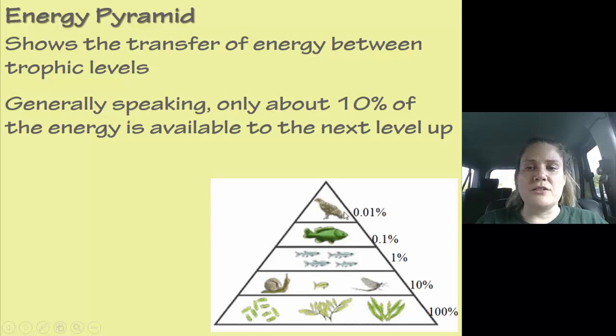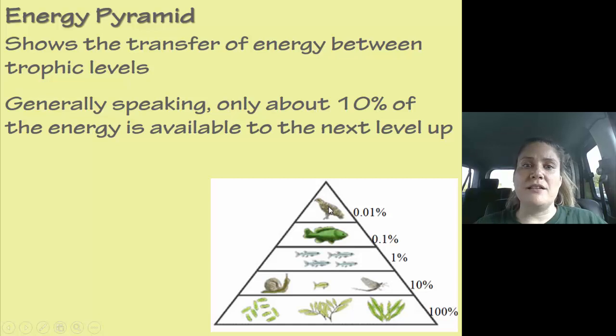By the time we get up here, this dude is only getting 10% of this. He only got 10% of this. They only got 10% of this. They only got 10% of this, which means we're down to 1/100th of a percent of the original energy available. So here is our producer, our primary consumer, our secondary consumer, our tertiary consumer, our quaternary consumer.